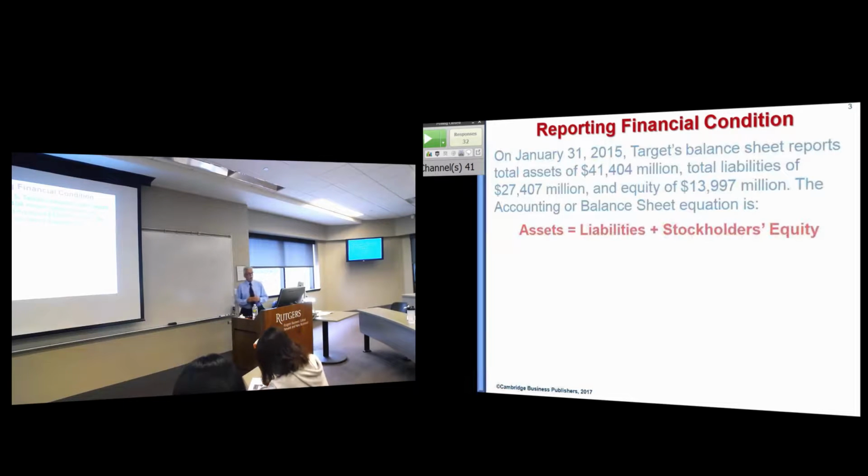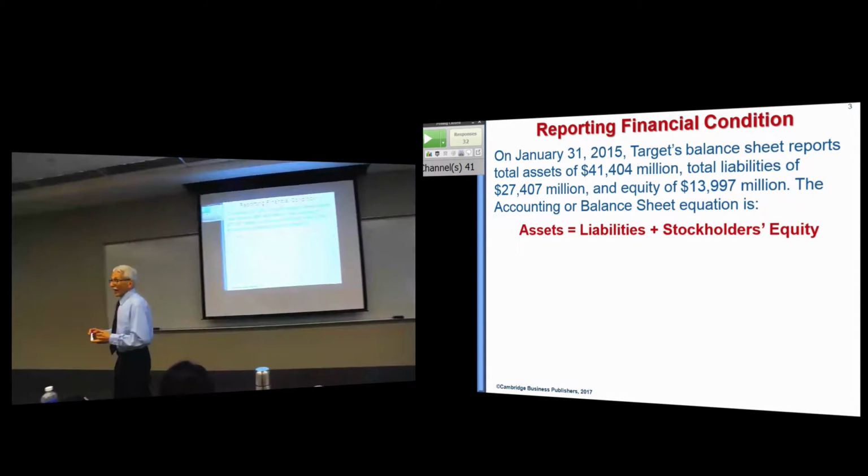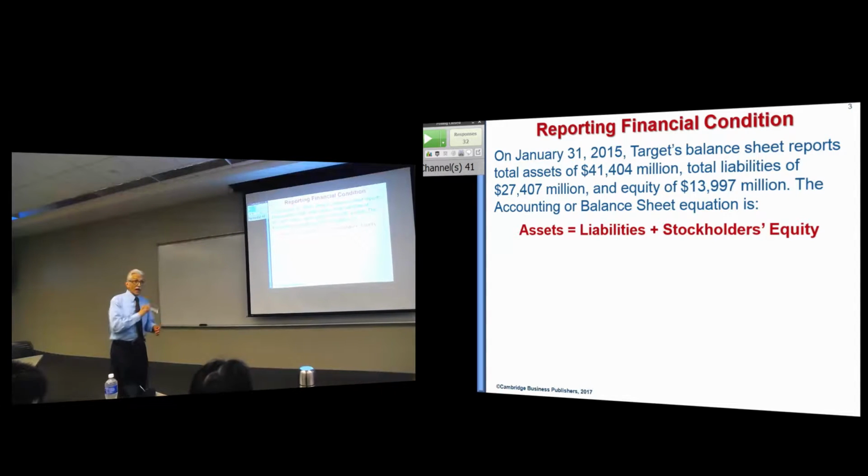And of course, we know that the balance sheet is also known as the statement of financial position or the statement of financial condition. The balance sheet is simply a listing of assets, liabilities, and stockholders' equity at a particular point in time. As I mentioned, it is what is called a position statement. It's a stock of wealth.